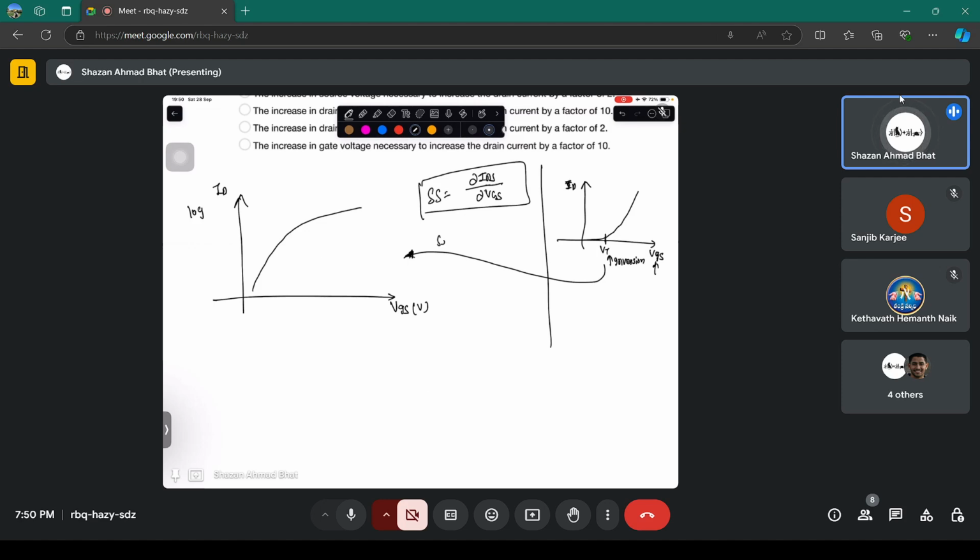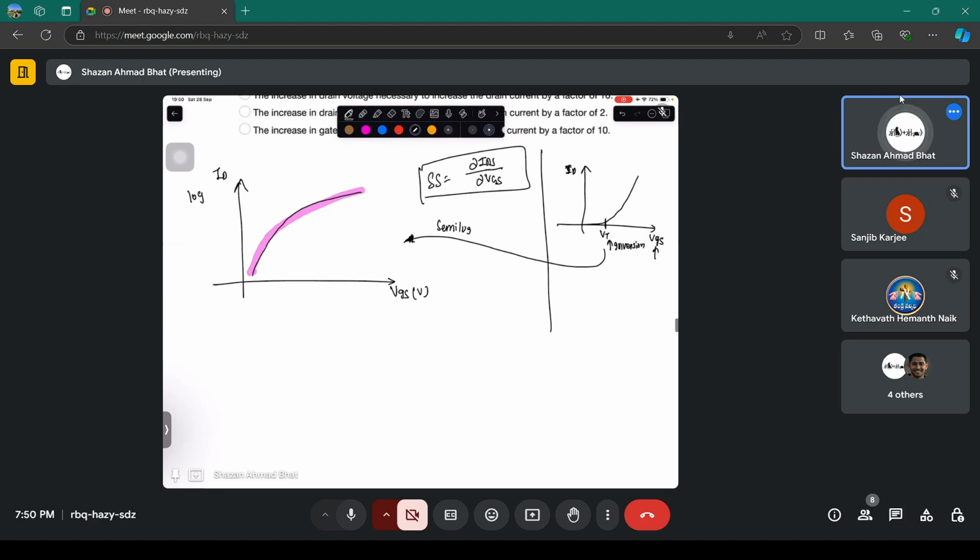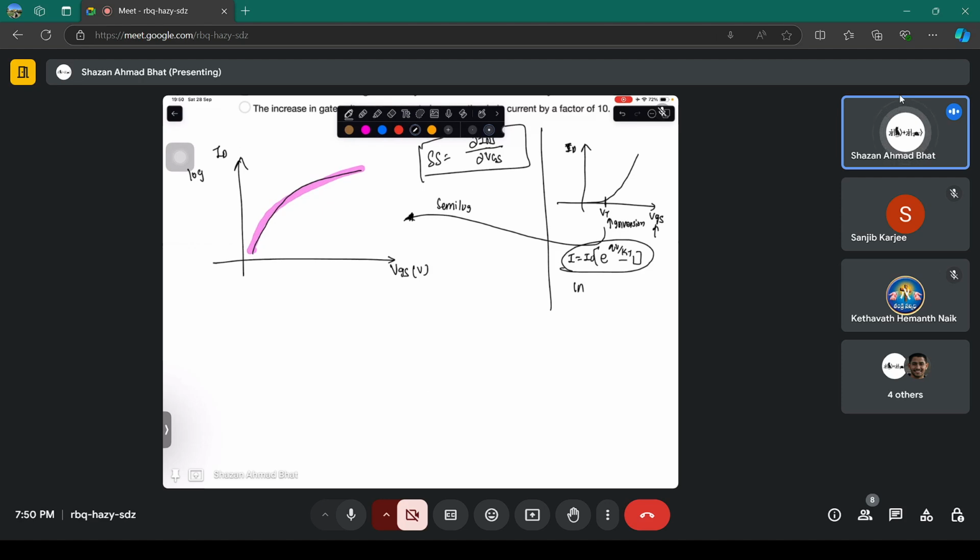If you draw this on a semi-log plot, you get this type of curve on a log scale. You have to write the diode equation, I equals I naught e to the power qV by kT minus 1, in a log plot. You write it as I divided by I naught equals e to the power qV by kT minus 1.